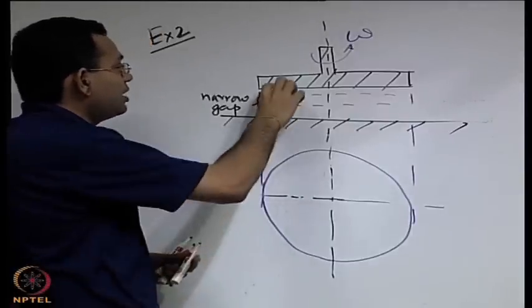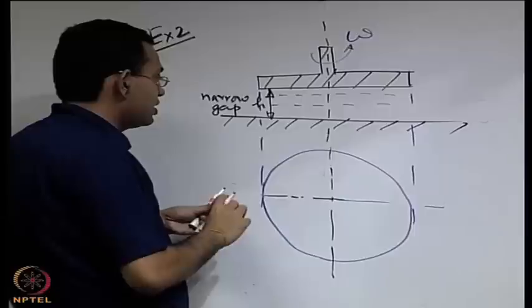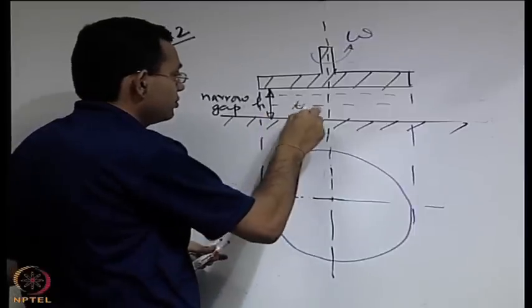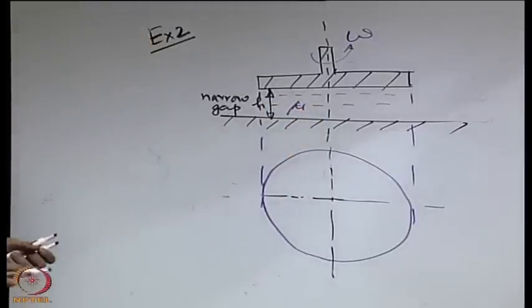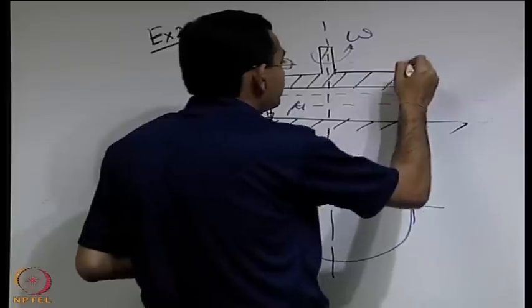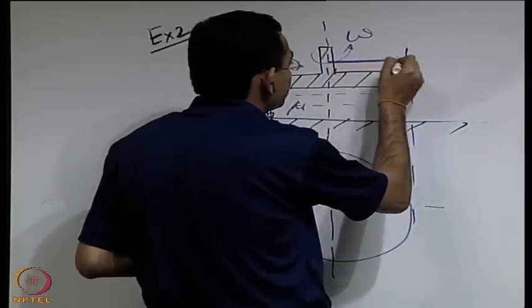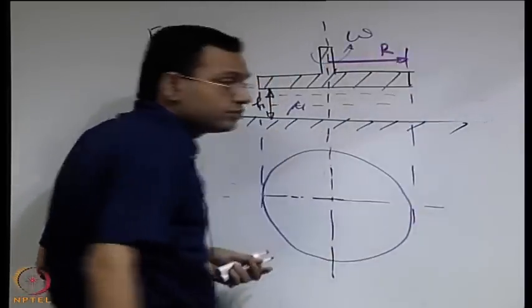We have assumed that this gap is narrow, the viscosity of the fluid is mu, and let us say the radius of the top plate is r.